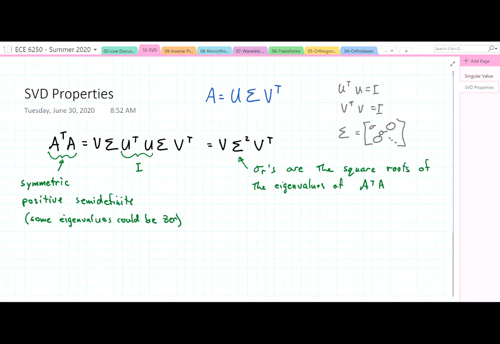And so we know we can decompose it into some matrix of eigenvectors, V, times the diagonal matrix of the eigenvalues times that eigenvector matrix transpose.